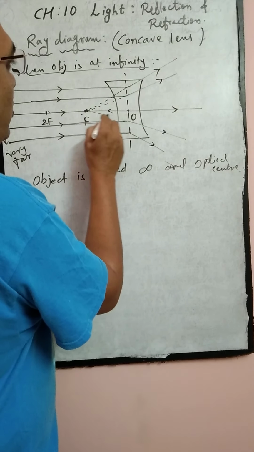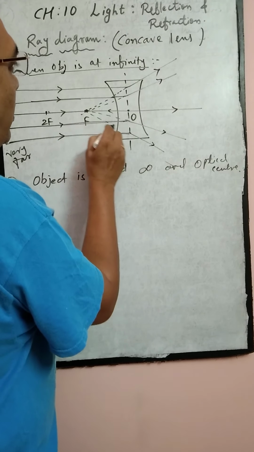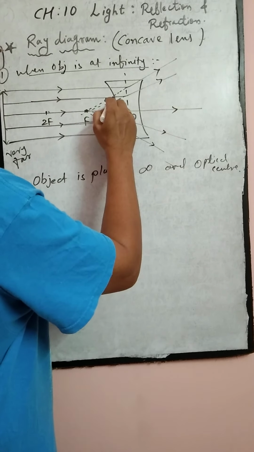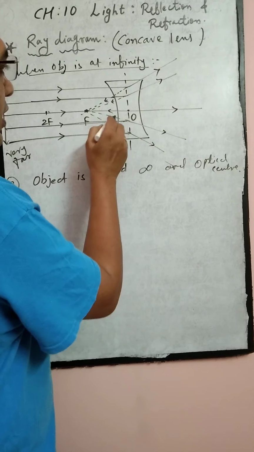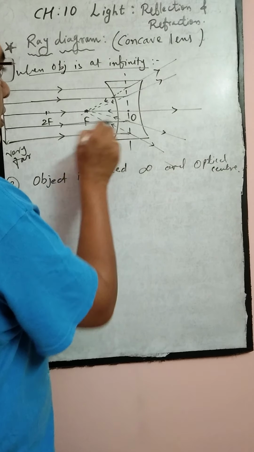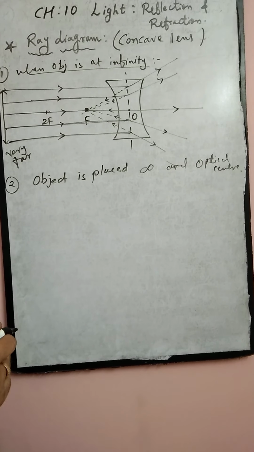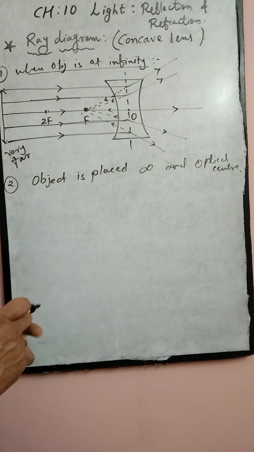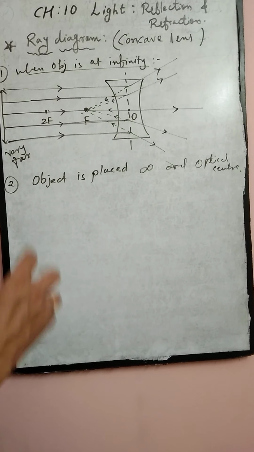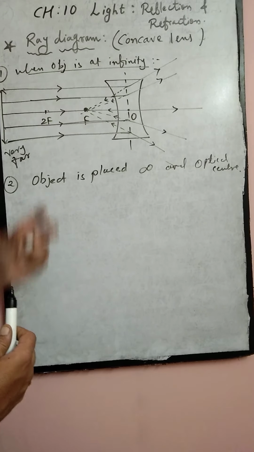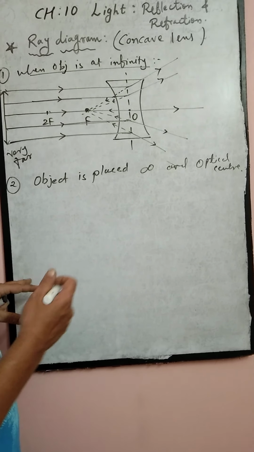This is the way you can understand the diverging rays. When you extend them in the backward direction, they definitely meet at one point, and that is the focus point. So we can say the image is formed at the focus point. What kind of image is formed? They appear to meet. The extended rays are meeting, that means a virtual image is formed.